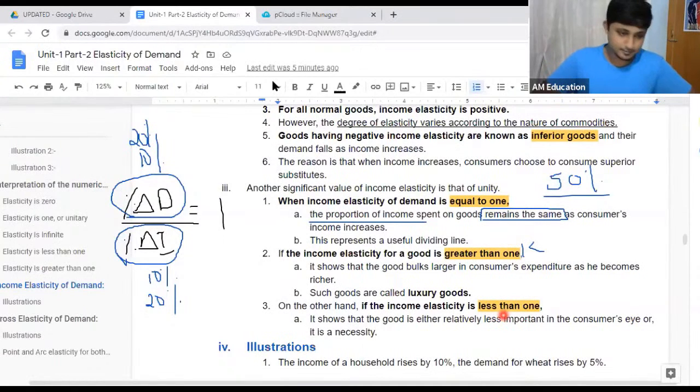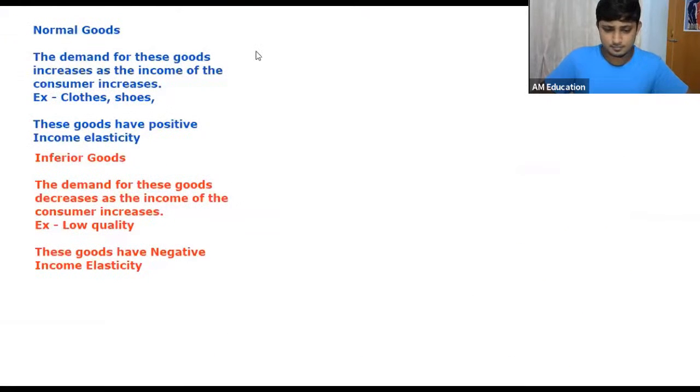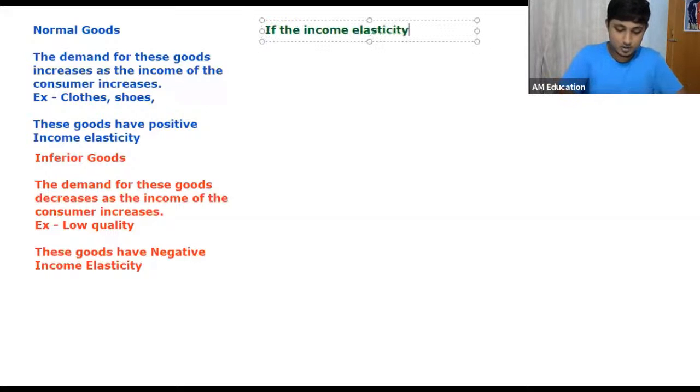Now he wants to tell us that if the income elasticity of a good is equal to 1, after doing the formula... what is the income elasticity formula?